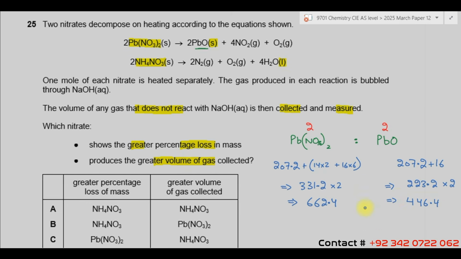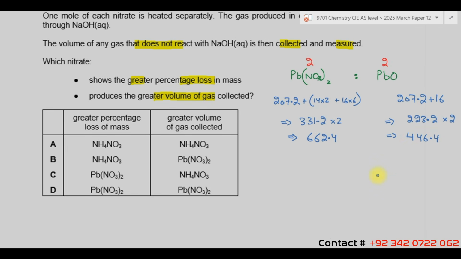Now we can find out the difference in molecular mass in terms of percentages. So 662.4 minus 446.4 will give us the molecular mass that is lost in terms of gases. So this is the MR which is lost.